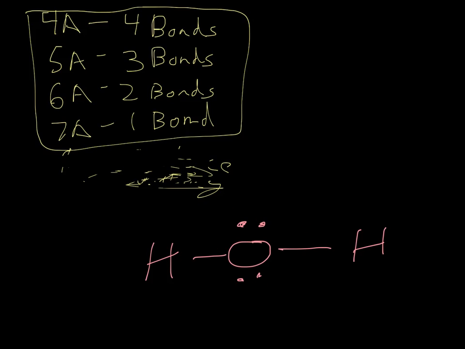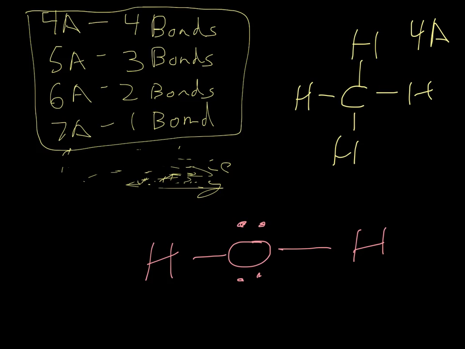If I was to look at, let's say, natural gas, methane, look how many bonds carbon has. 1, 2, 3, 4. What group is carbon in? Carbon's in group 4A. Knowing how many bonds an element wants to participate in will help us draw our Lewis structures and save us some work later on. So those are things to keep in the back of your mind as you move forward.